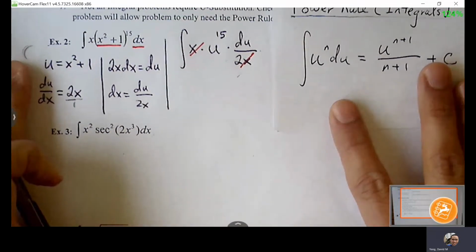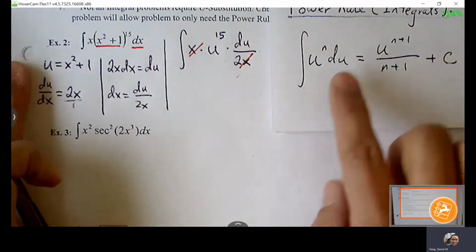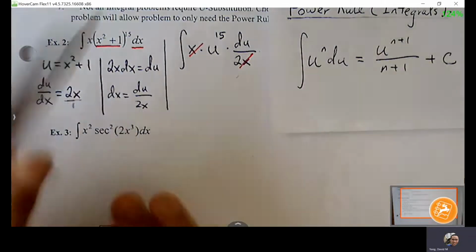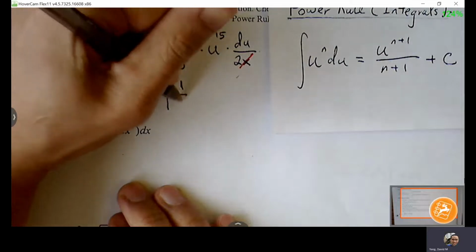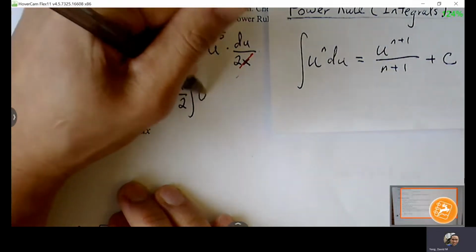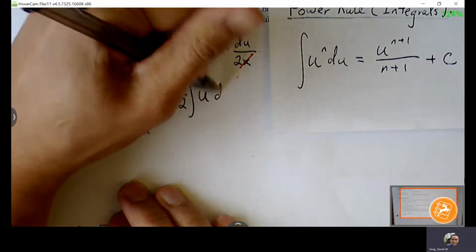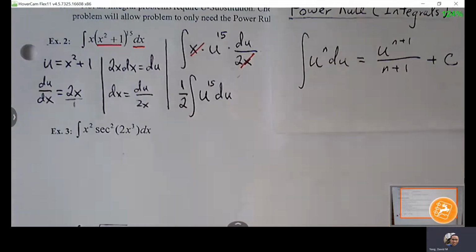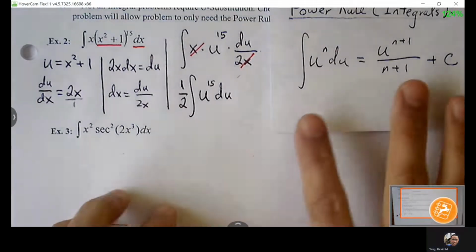Where can I put that 2 to kind of separate it from the rule that I want to use? Yeah, let's push it out in front to get it a little bit more organized. We're keeping track of our coefficient, but we know it's just not going to play a role in applying power rule. Okay, are we good so far? Now I want you to look at this here.